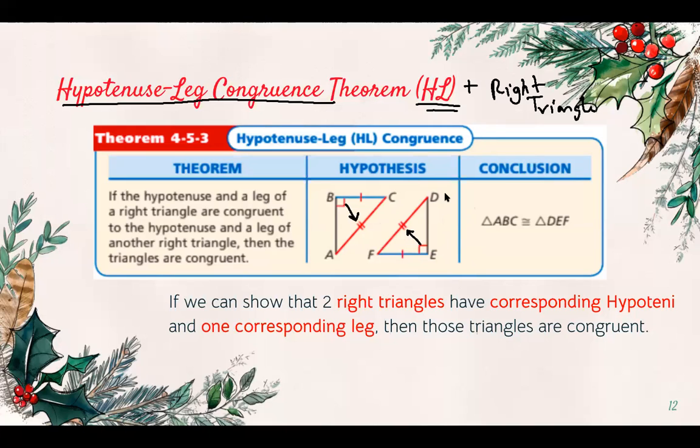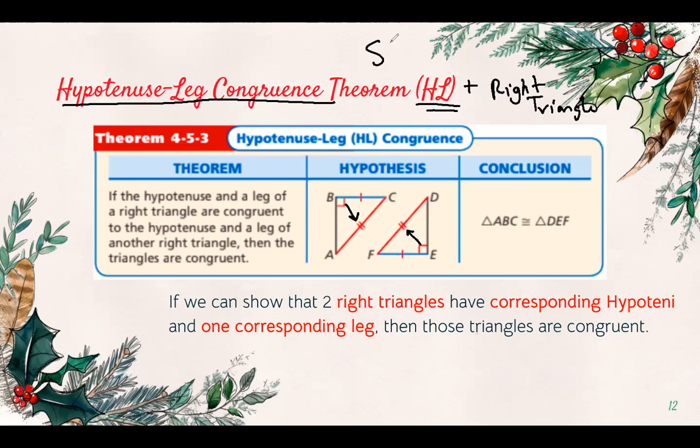We could kind of show how this works. Essentially, it's just based on the Pythagorean theorem. If you know 2 sides of a right triangle, you can always figure out the third using the Pythagorean theorem. So technically, because we know 2 sides are congruent, we actually know that all sides are congruent. So this is actually equivalent to side, side, side congruence.